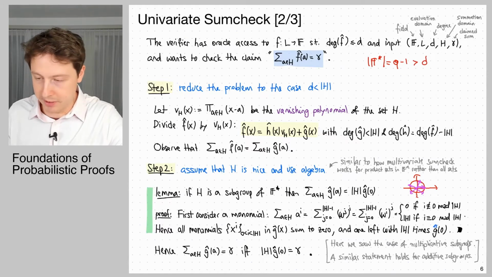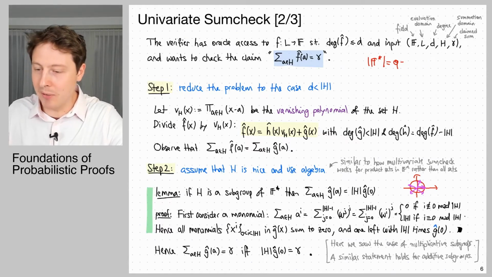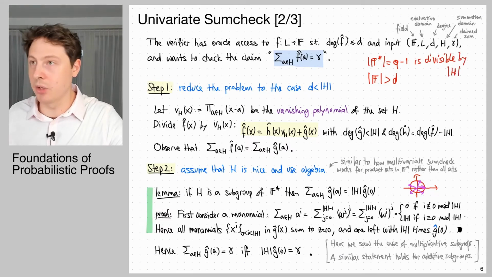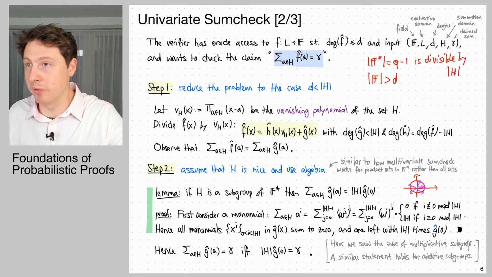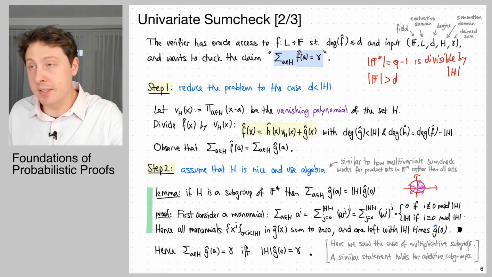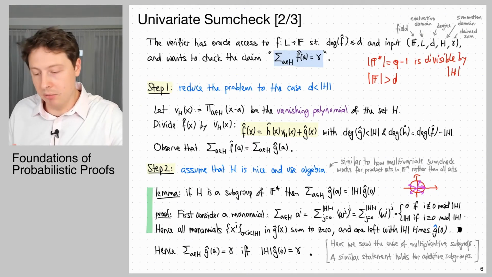Sorry, let me just step back for a moment. We have already assumed that the size of F is greater than D, and F star is Q minus 1, which means that this is divisible by H, because otherwise we wouldn't have a subgroup of that size. Now, what specifically is H? It actually doesn't matter right now for this slide. Everything I've written so far holds as long as basic things make sense.